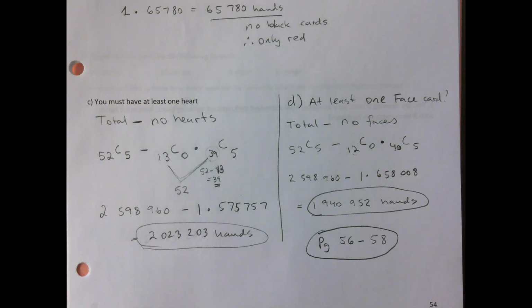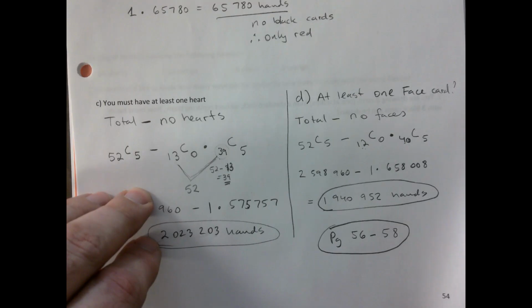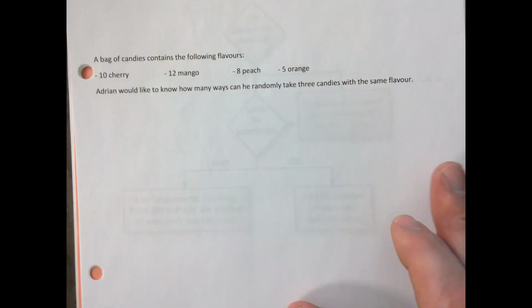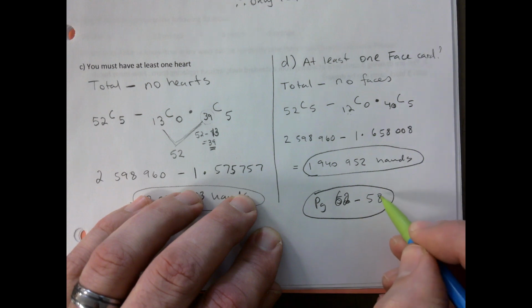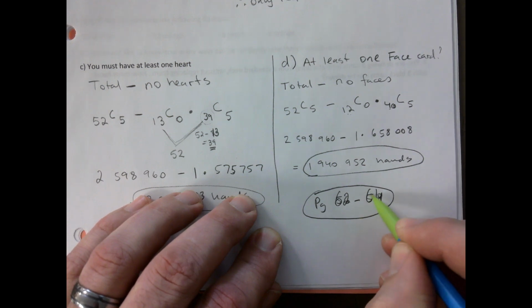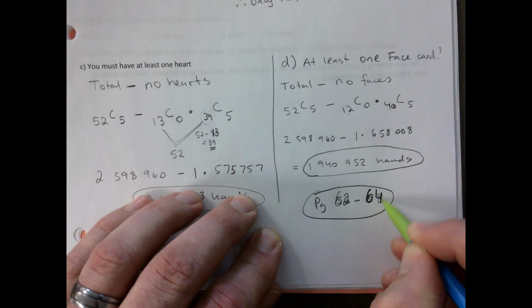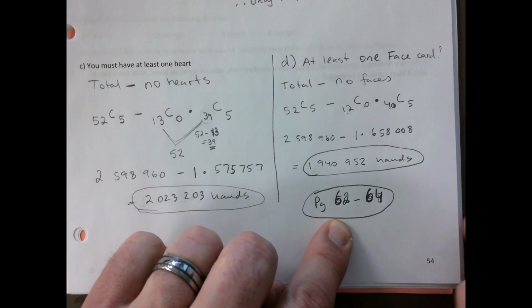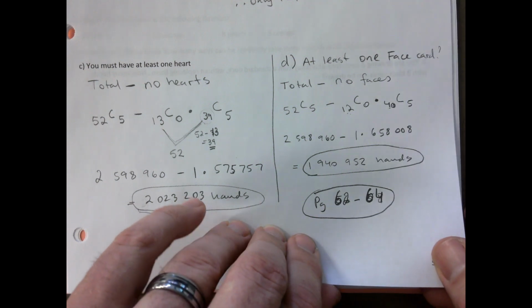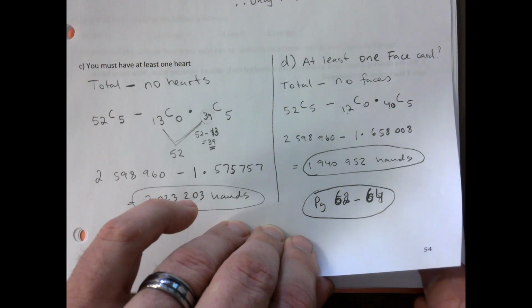If you encounter something that we haven't done, I'll tell you. Oh, it's not 56. I changed this booklet. Sorry. Whew, good thing I checked. 62 to 64. My bad. I keep changing the booklet, and that bites me.